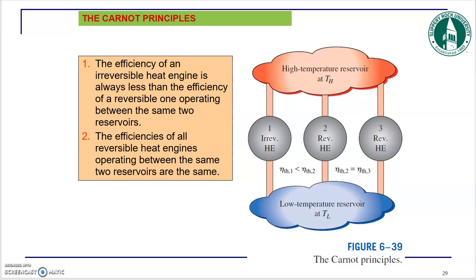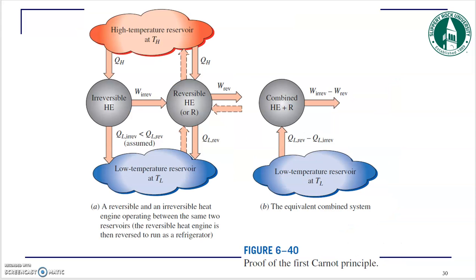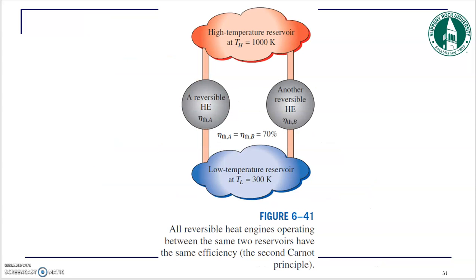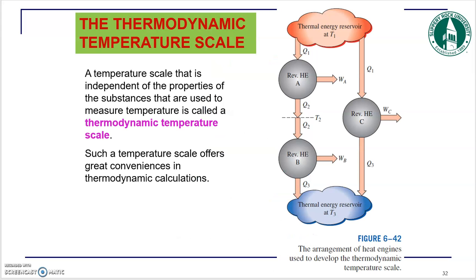And any two heat engines that are reversible operating between the same source and sink temperatures will have the same efficiency. So that's called the Carnot principle, and that's based on the second law of thermodynamics. It can be proved. The proof is inside your book. You can go ahead and read that part. We're gonna skip the proof, but these are called the Carnot principles.